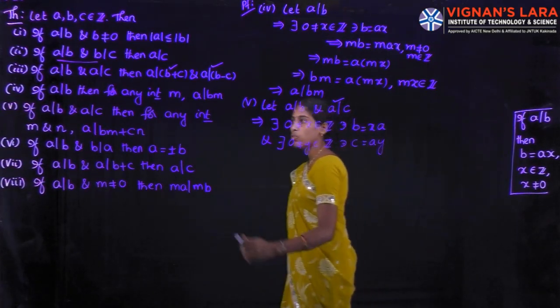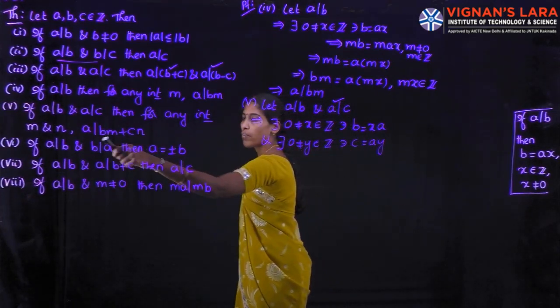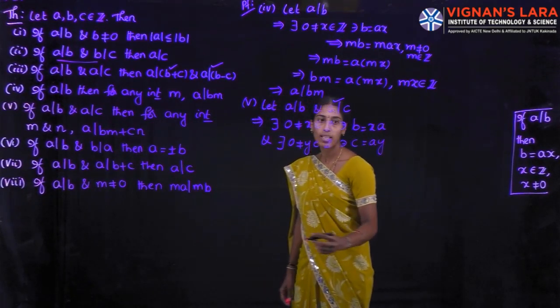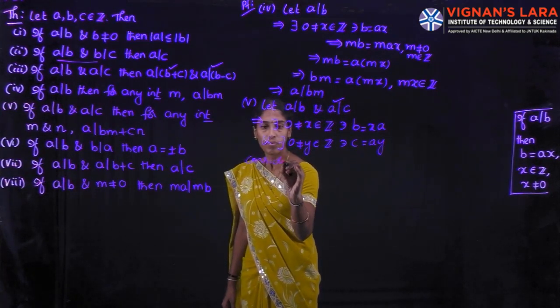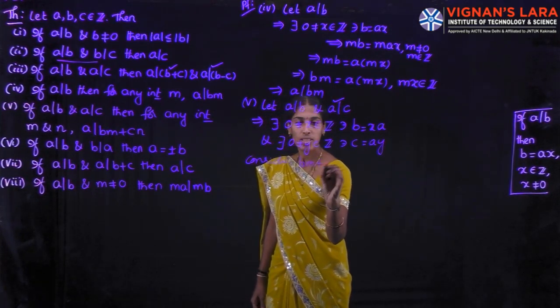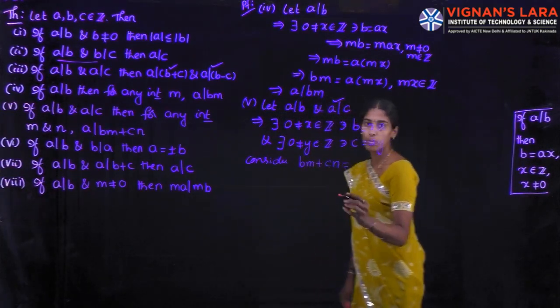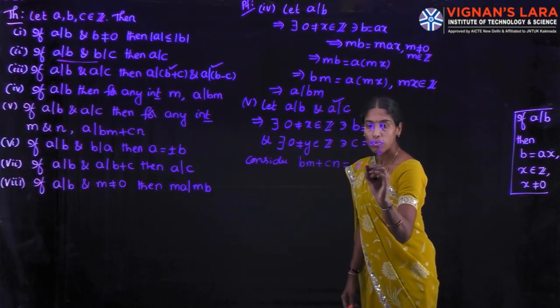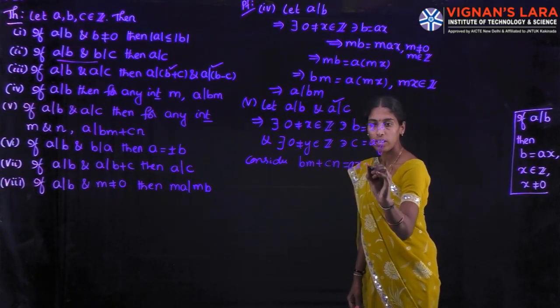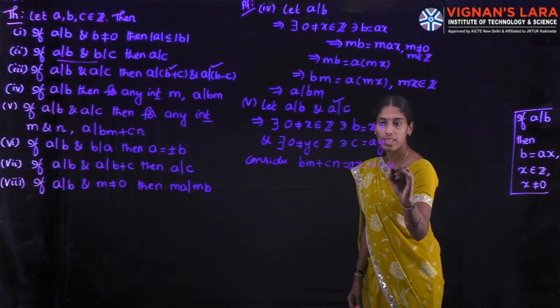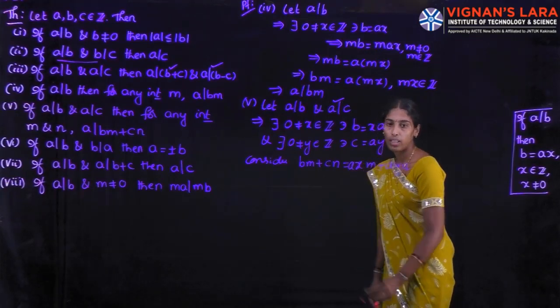Now we need to prove that a divides bm plus cn. So consider bm plus cn, which is equal to, what is the b value? b is xa or ax into m plus c is ay into n.